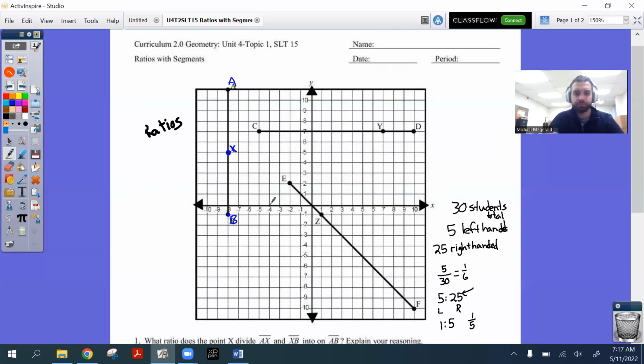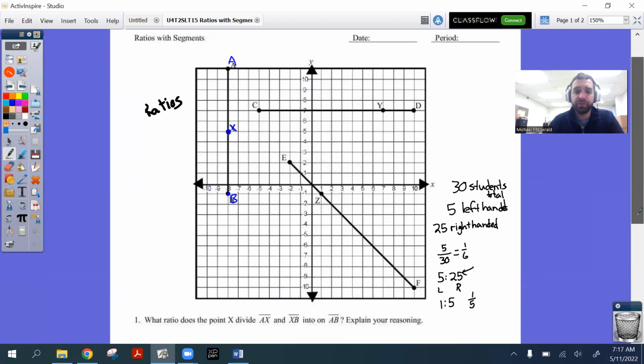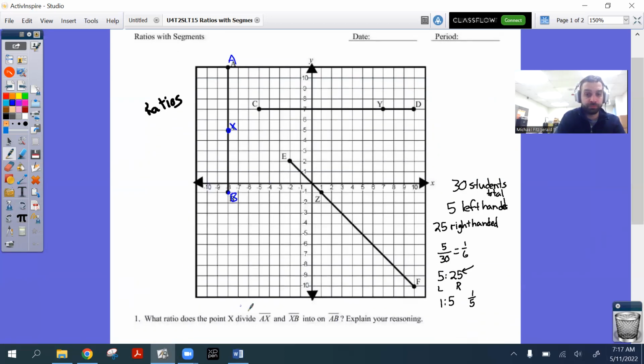So we're comparing the segments AX and XB. Okay, so AX, let's make that green. And XB, let's make that pink.